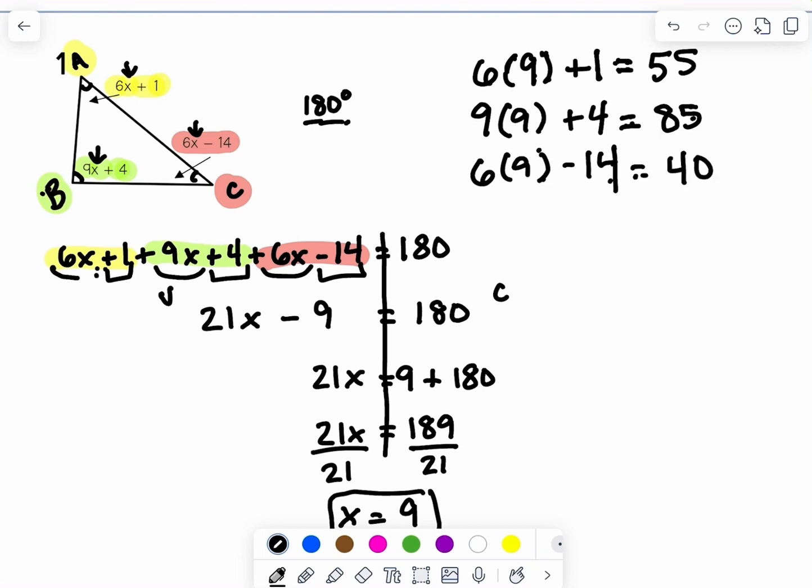And now if I add them all up in my calculator, 55 plus 85 plus 40 equals exactly 180. So yay, we're right.